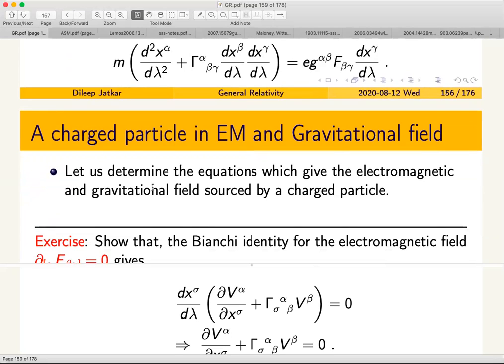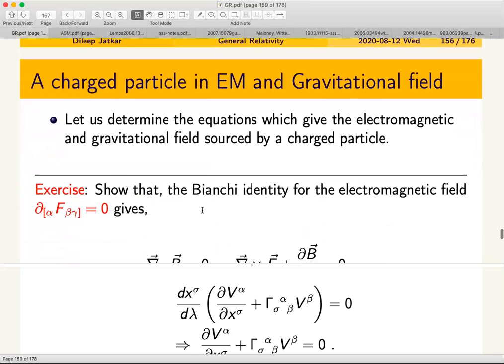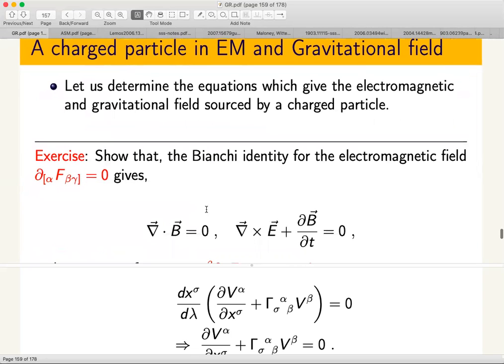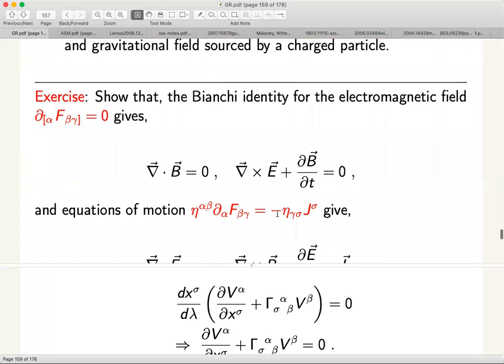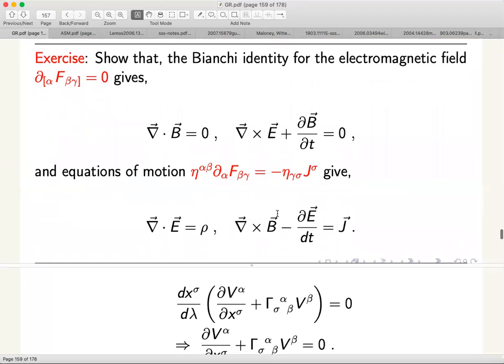Okay, so let's try to determine the equations which give the fields sourced by a charged particle. To do that, let's first look at the equations satisfied by the electromagnetic field. This is a small exercise which is something you must have done in classical electrodynamics itself, or when you studied special relativity, but if not, just go through it once.